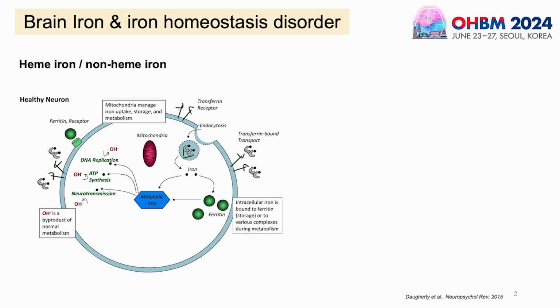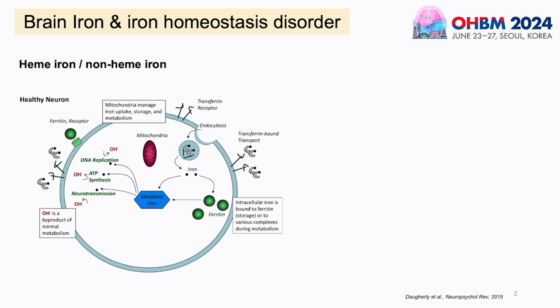As we all know, iron is an essential trace element in the human body, and iron deficiency can lead to anemia. But what's the mechanism of action of iron in the human body, especially in the brain, and why does it matter? There are two categories of iron in the brain: one is heme iron, and the other is non-heme iron, which we focus on here.